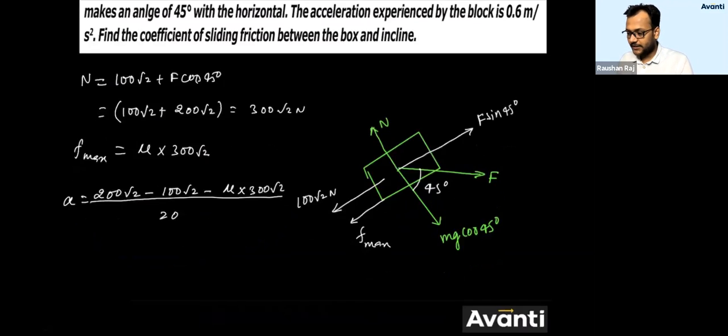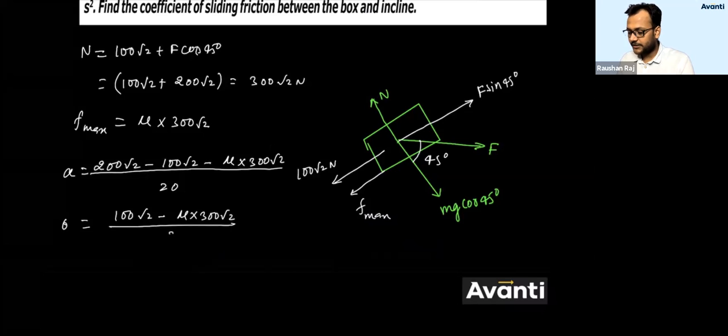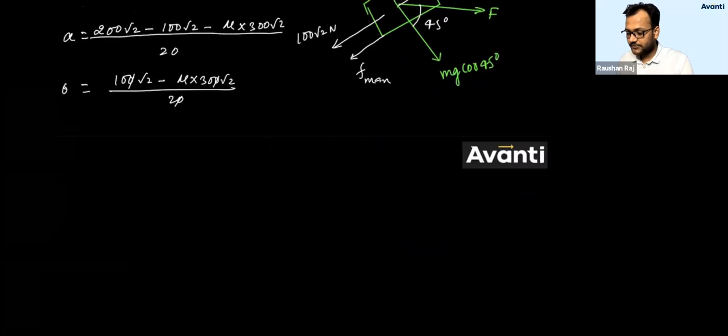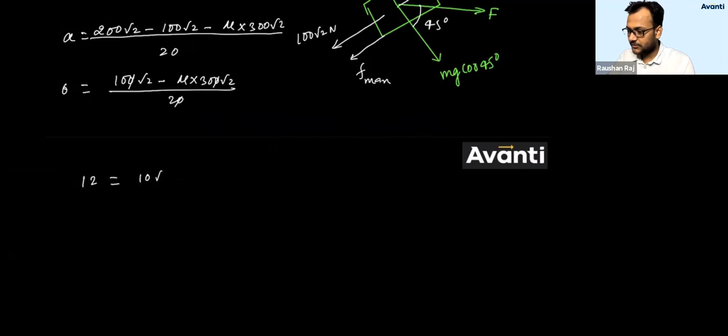The value of acceleration is given, acceleration is 0.6. Solving this, I'll get 100 root 2 here. So 100 root 2 minus mu into 300 root 2 divided by 20. Cancel, cancel. Now get the value of this. How will it be solved? 0.6 will be equal to 10 root 2 minus, or take the common part. If I take 10 root 2 as common, I'll get 1 minus 3 mu.